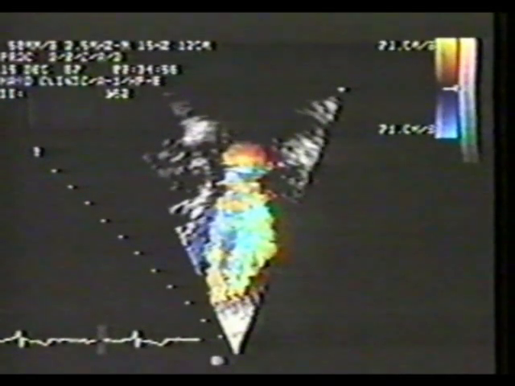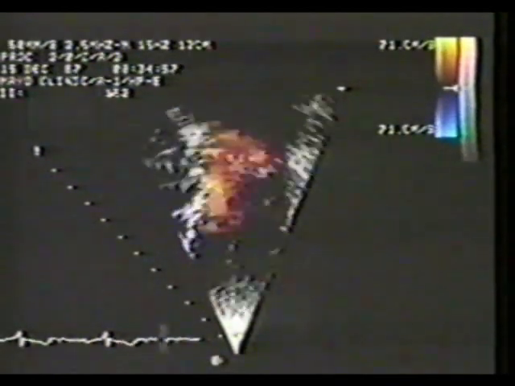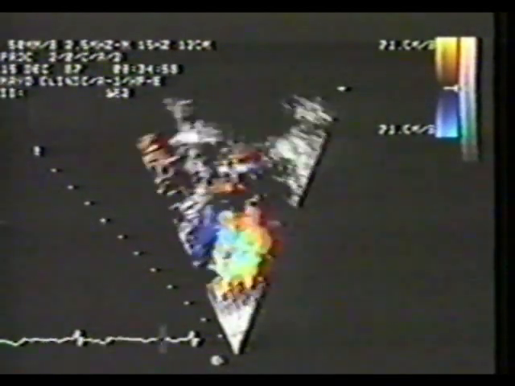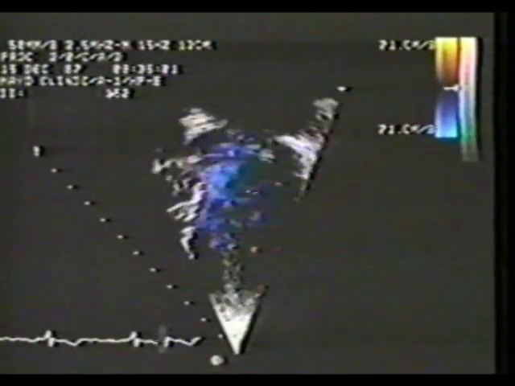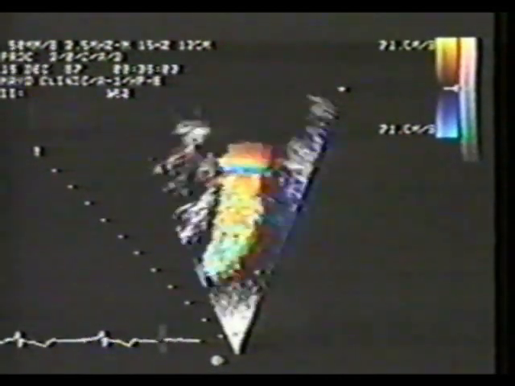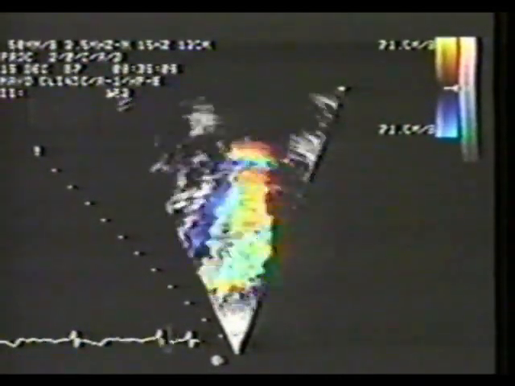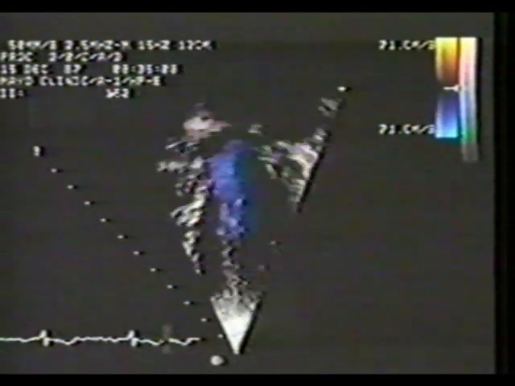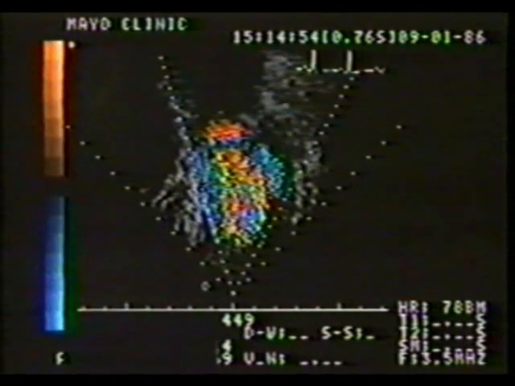The image has now been expanded with focus on the color jet. This apical 4-chamber view is displayed with focus on the left ventricle and a portion of the enlarged left atrium.